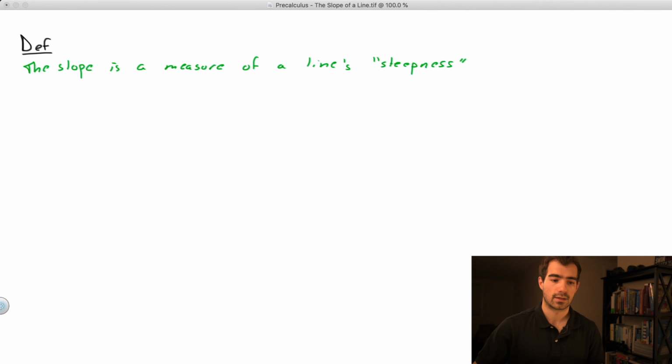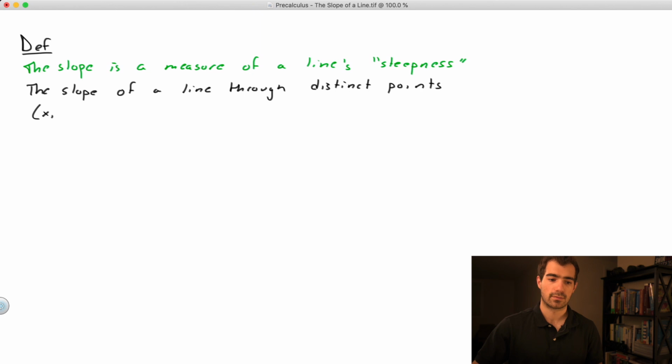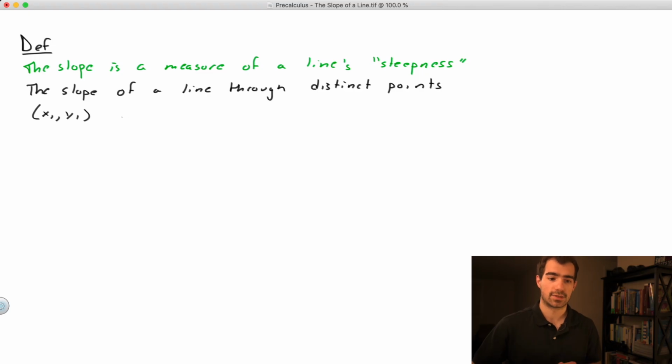We can define and quantify this a little bit more formally, of course, too. And so we'll say that the slope of a line through distinct points x1, y1, here we're just labeling x1 and y1 to signify some arbitrary x and y coordinate, and to distinguish that from our second point, which we'll label x2, y2.